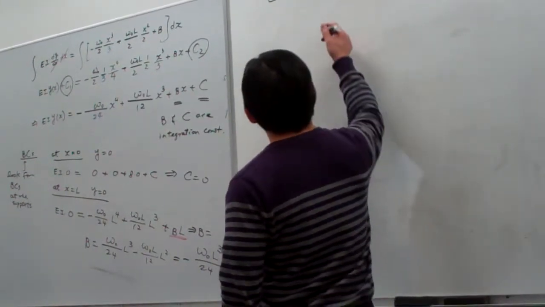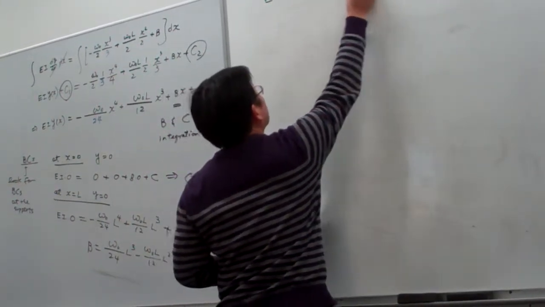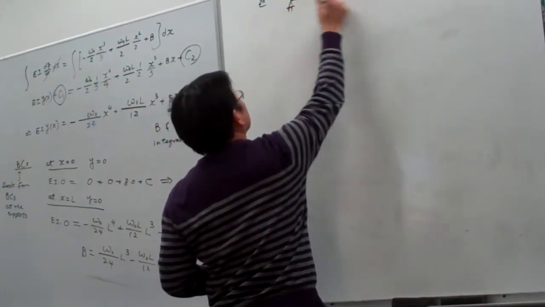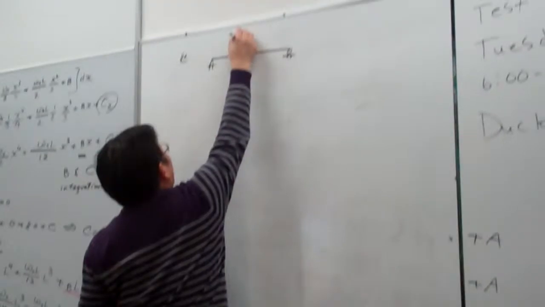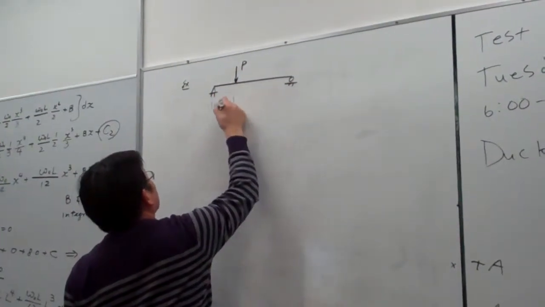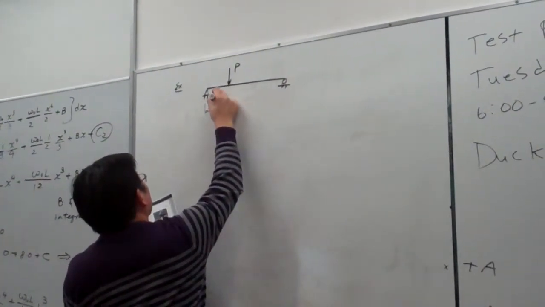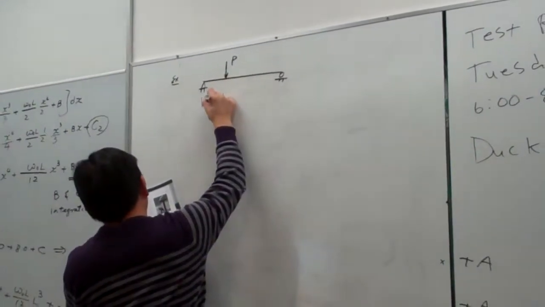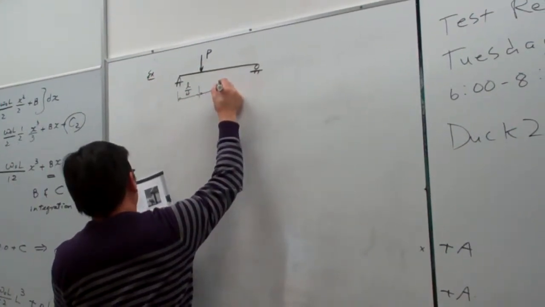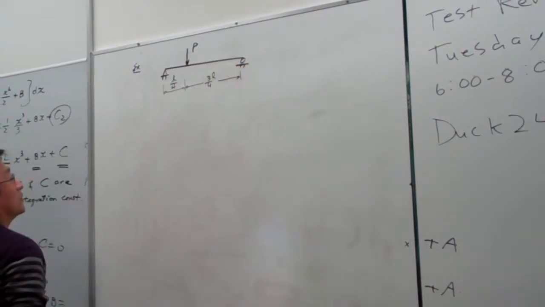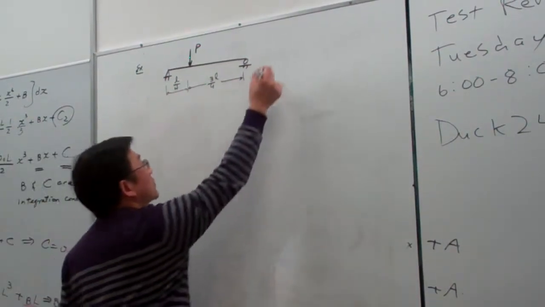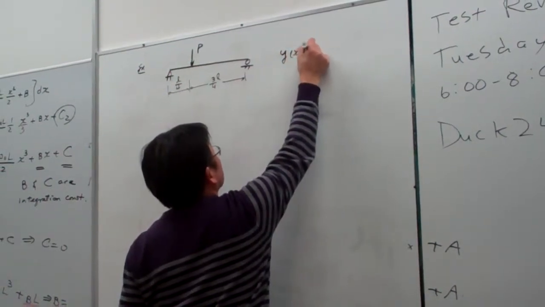Okay. So for this case, we see a different one. This is simply supported. But for this case, we have point loading, and the distance is L over 4 and 3L over 4. Okay. So now again, we want to calculate y of x.